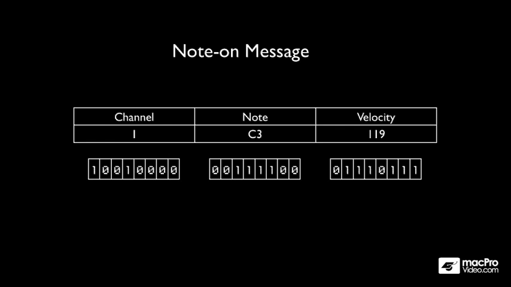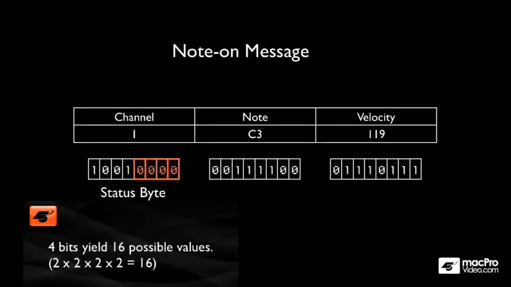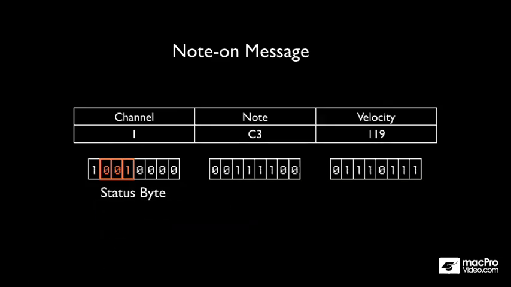The first byte is called the status byte, and its job is to specify the MIDI channel that the message is to be directed to, which it does with these 4 bits here. These next 3 bits are used to specify the type of operation that's going to be performed, which in this case is a note on operation. And this last bit is always set to 1, and that's to indicate that this byte is the MIDI message's status byte.